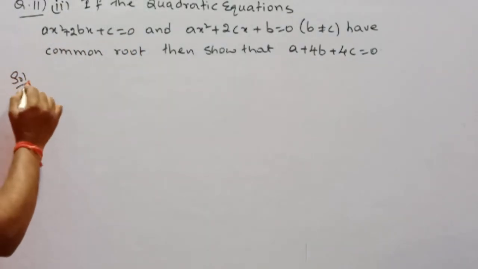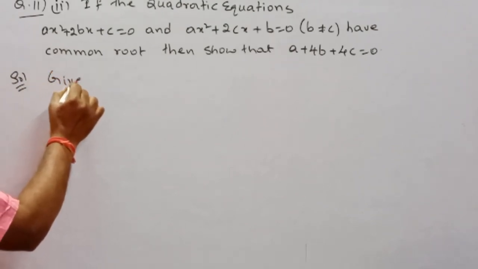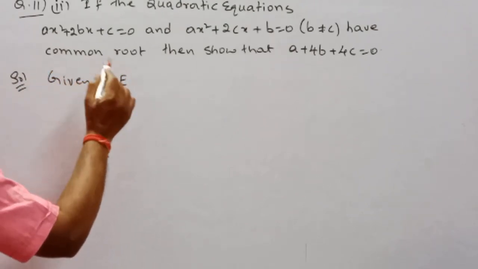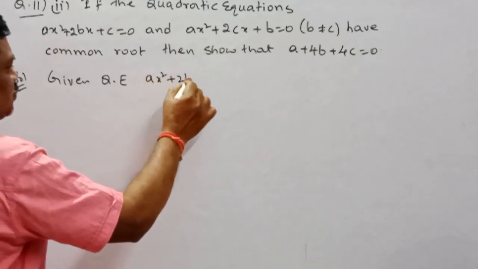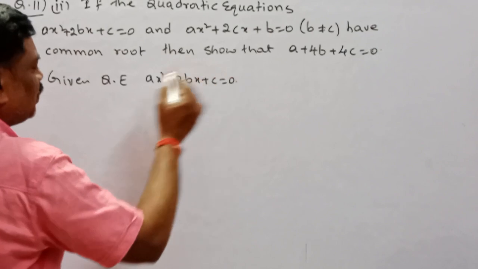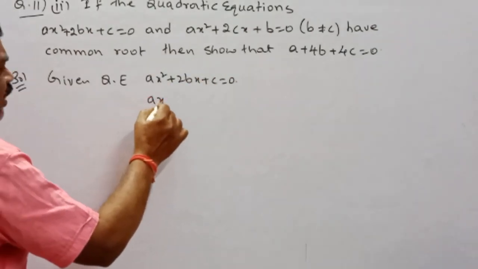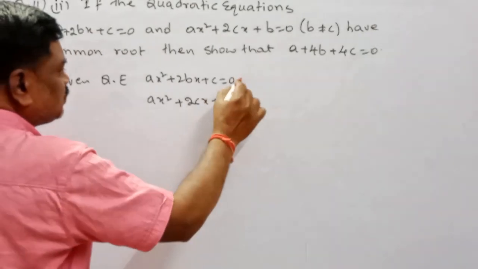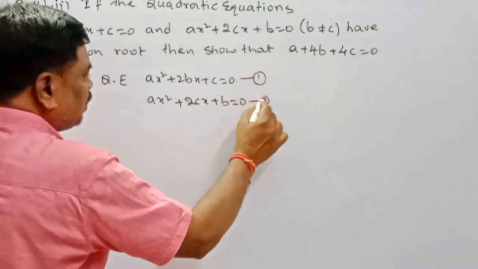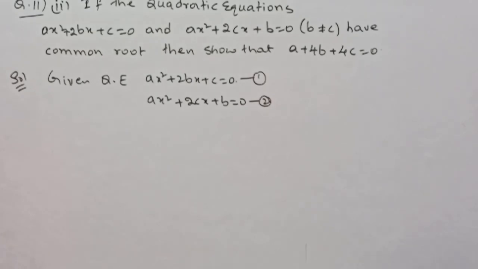So you see, the given quadratic equations are ax square plus 2bx plus c equal to 0 and ax square plus 2cx plus b equal to 0. This is equation 1 and this is equation 2.